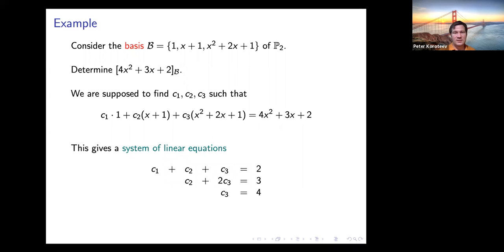So we can convert it into a system of linear equations. You just open up the parentheses, combine terms, and factor the terms with the same power of x. And this yields the following three equations.